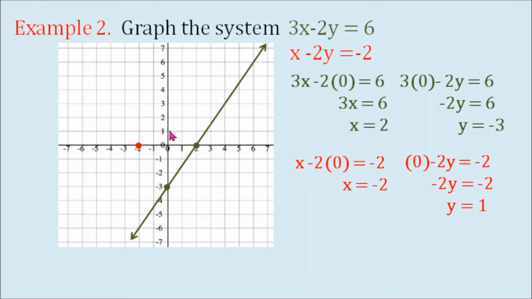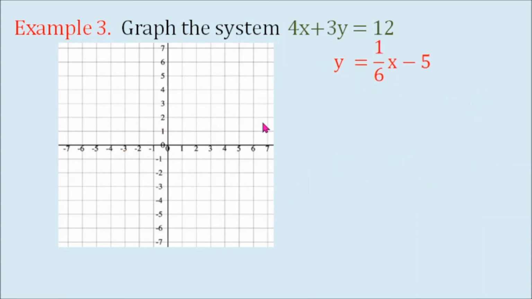And y equals 1 is here. Now we can connect the 2 points with a straight line, and this is the graph of x minus 2y equals negative 2. Now they intersect at this point, and this point has coordinates (4, 3).